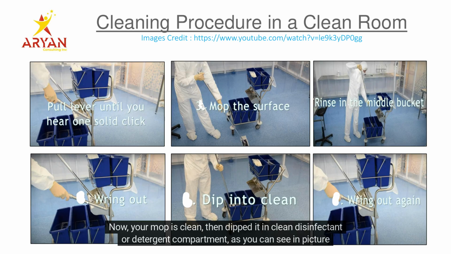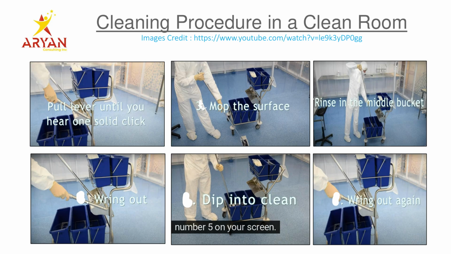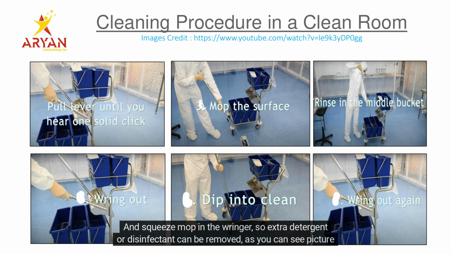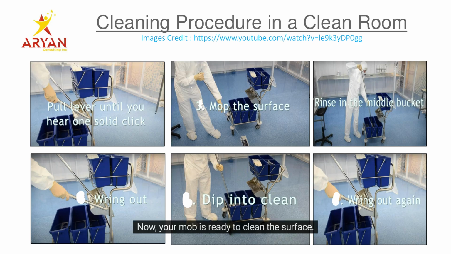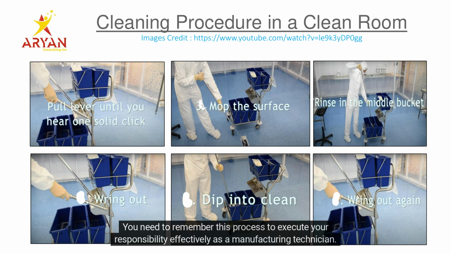Then dip it in the clean disinfectant or detergent compartment, as you can see in picture number 5 on your screen. And squeeze the mop in the wringer, so extra detergent or disinfectant can be removed, as you can see in picture number 6 on your screen. Now your mop is ready to clean the surface. This is a repetitive process. You need to remember this process to execute your responsibility effectively as a manufacturing technician.